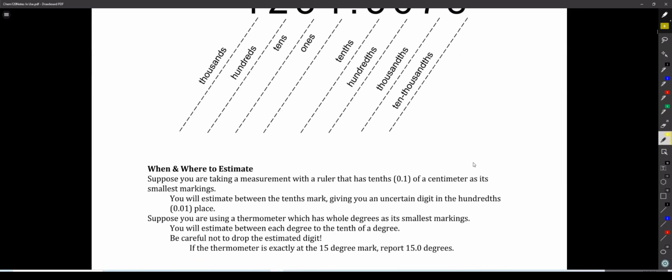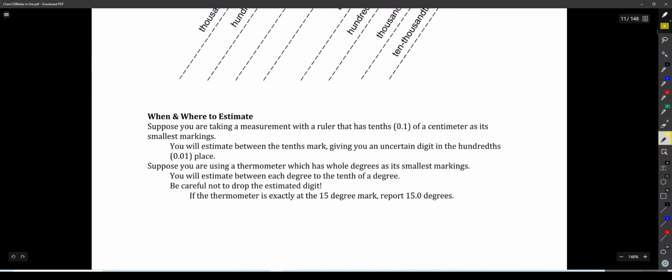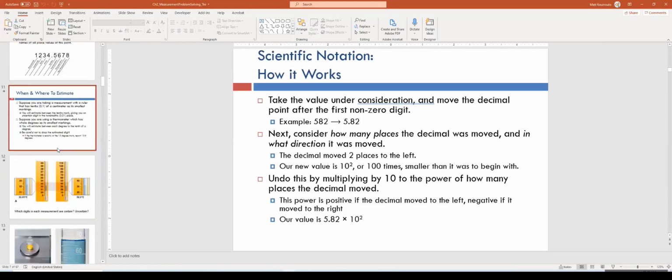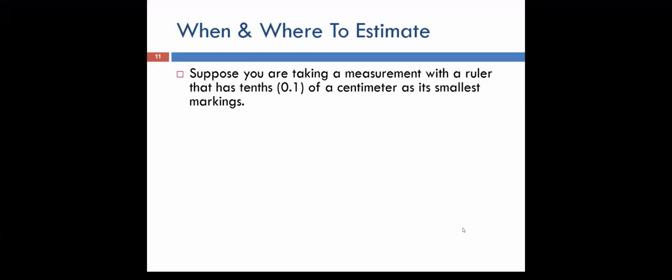Okay, so how do we estimate digits, and how is this going to work? I'm going to swing over to my PowerPoint for just a second. All right, so let's say you're taking a measurement using a ruler that has tenths as its smallest marking.